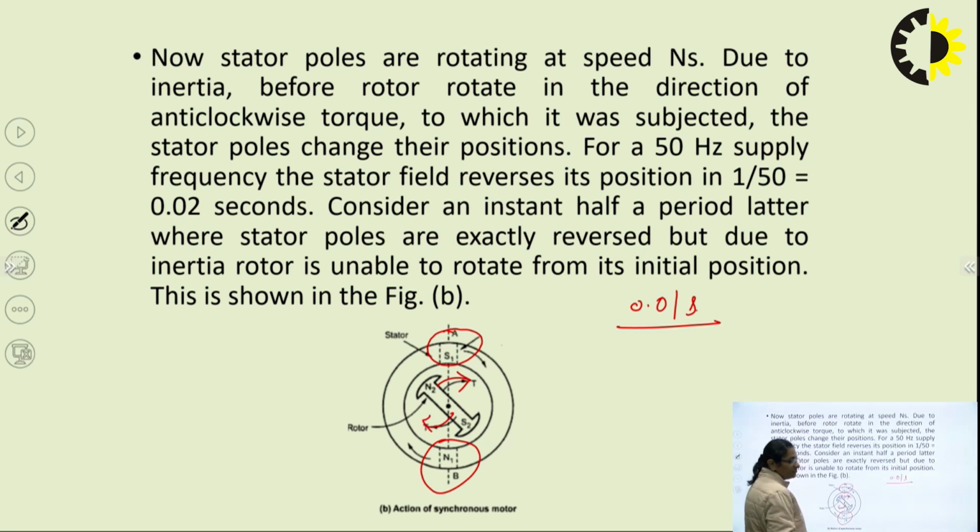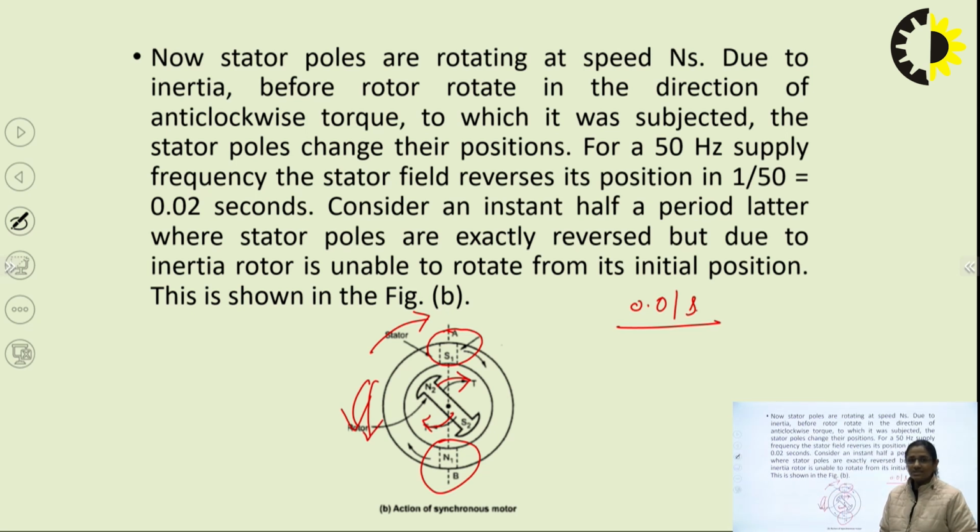But again, if we consider the very next instant of time, you will find that the position of stator poles will again change. Earlier, the rotor was subjected to a torque in anti-clockwise direction. Now, the rotor is subjected to a torque in clockwise direction, and again, after 0.01 second, the rotor would be subjected to a torque in anti-clockwise direction, and so on.